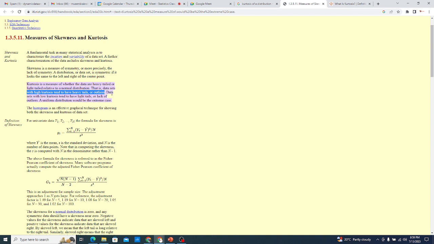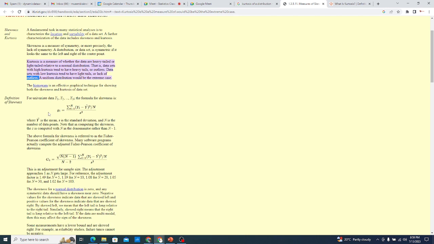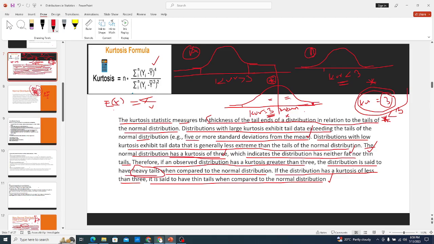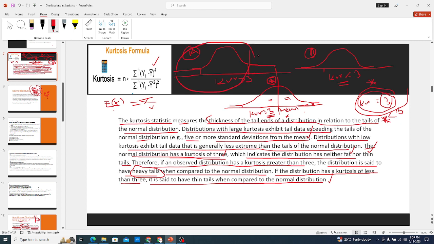Data sets with low kurtosis tend to have light tails or lack outliers. So what can we say with this? We can say that the data in this distribution have many outliers.